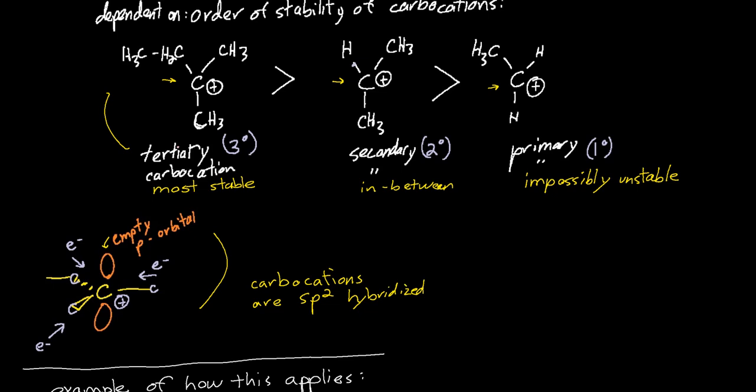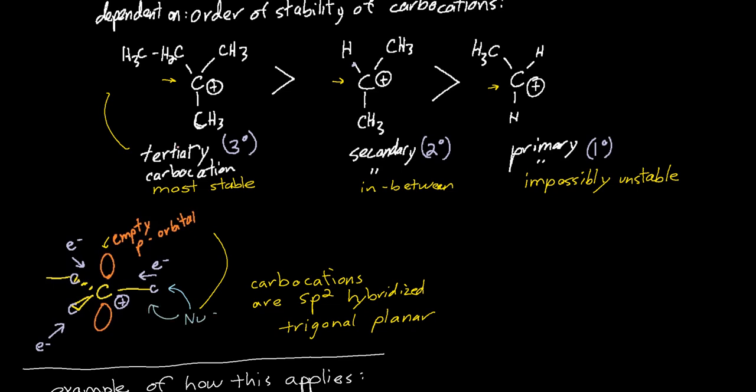And therefore, what do we know about sp2 hybridized carbons? They're trigonal planar. And so therefore, a nucleophile coming in to bond to a carbocation can attack from either face of the molecule.